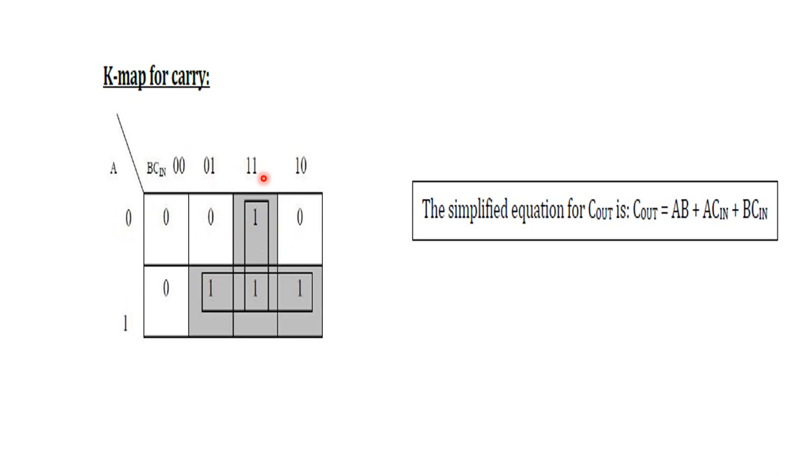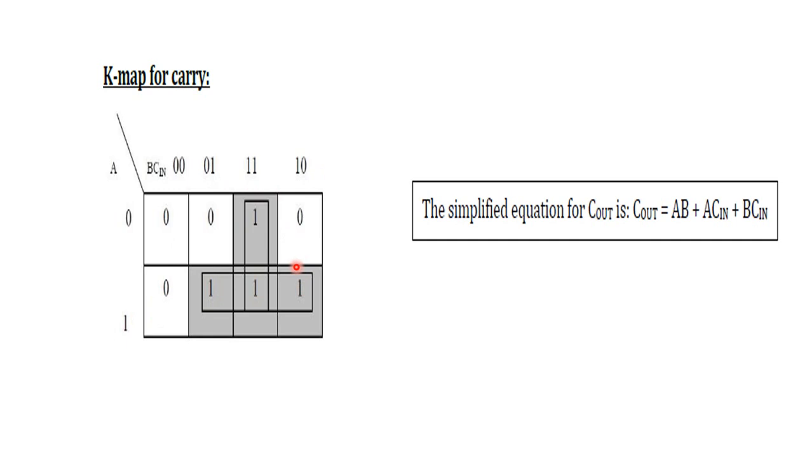For 0, 1, 1, carry is 1. For 1, 0, 0, carry is 0. For 1, 0, 1, carry is 1. For 1, 1, 0, carry is 1. For 1, 1, 1, carry is 1.